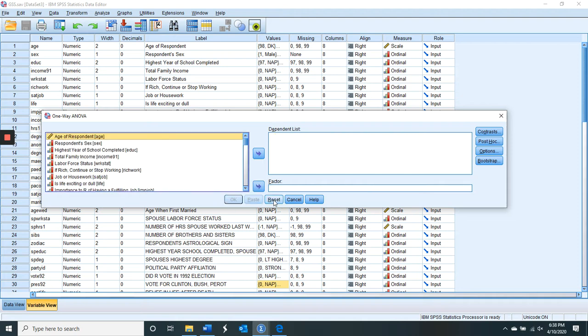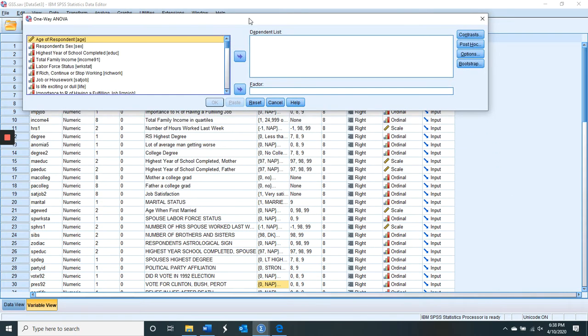I'm going to just reset this because I had something run before. In these data, we have voting behavior from way back when, I think it's 1992, in the presidential election, and we have a bunch of other data. So what we're going to do is look at categories of who people voted for.